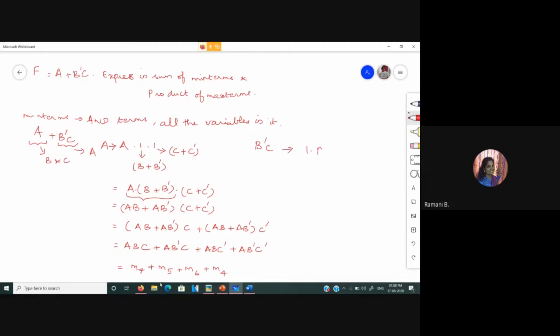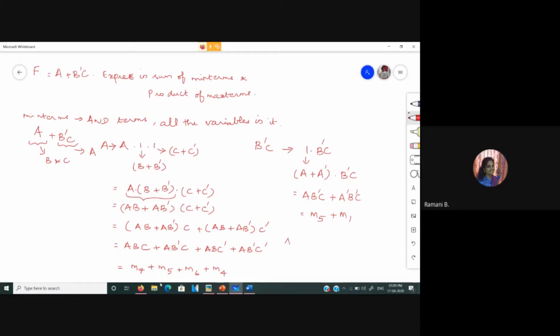So 1 dot b bar c, and this 1 can be written as a plus a bar dot b bar c. Now again applying the distributive law, you will be having a b bar c plus a bar b bar c, which is nothing but 101, so M5, and 001, so M1.